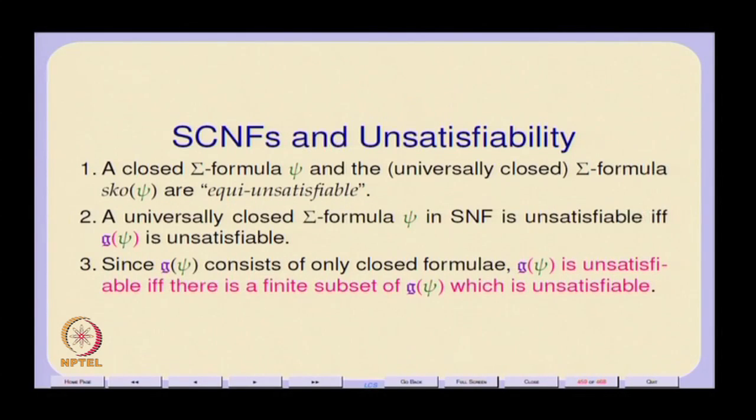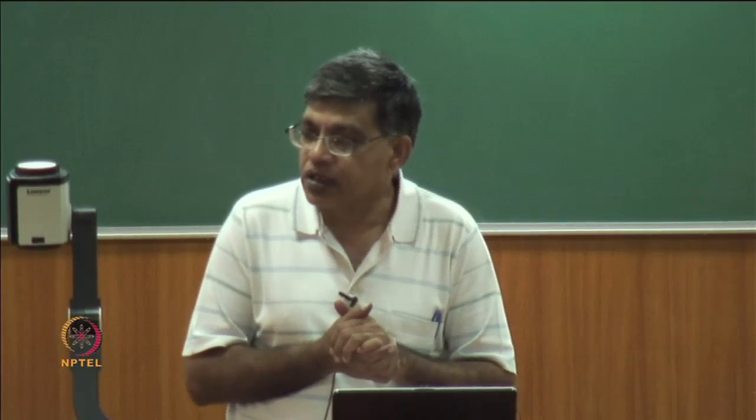We are interested in proving valid arguments, which means there is a logical conclusion to a set of premises or to a set of axioms, and that for closed formulae in general we are interested in first order theories. So, your original set phi will actually be a collection of closed formulae.